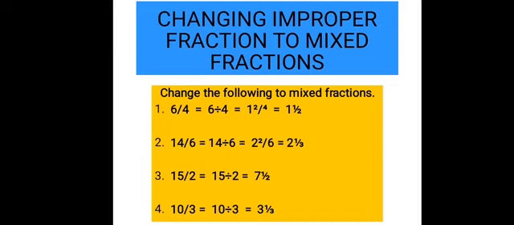So looking at the proper fraction there, you will notice that you cannot reduce this to its lowest term because it's already at its lowest term, and there is no number that you can use to divide them without getting a remainder.